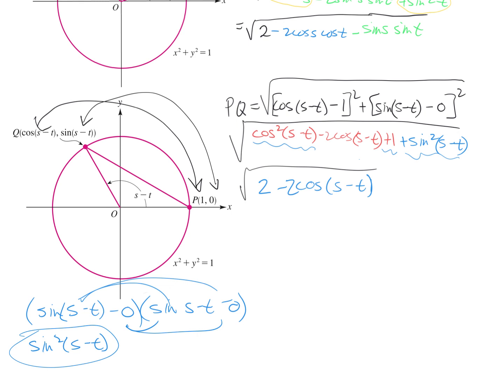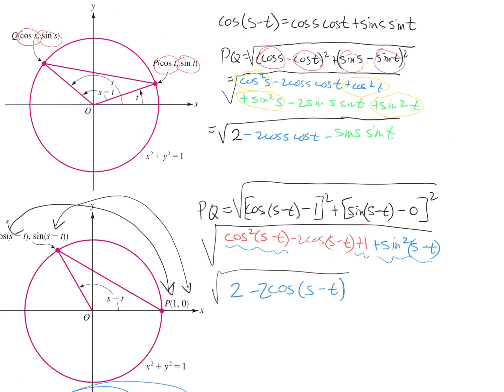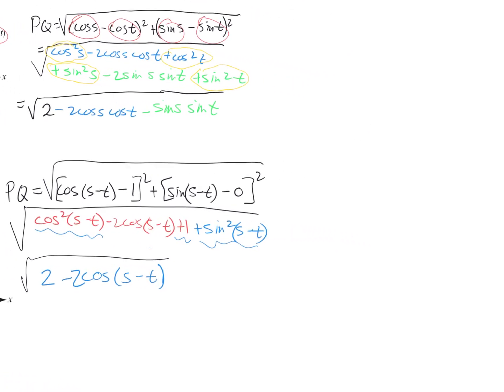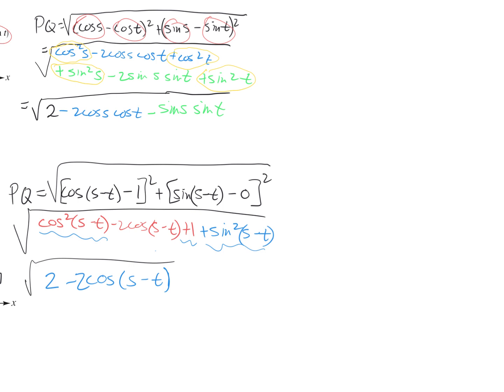But we also said that PQ is equal to the earlier thing, which is up here. So they're equal to each other. I'll just jump right in and say these are supposed to be equal to each other. Well, I can square both sides.